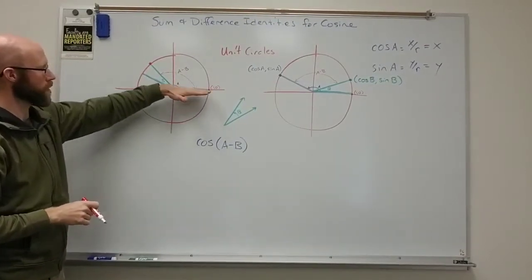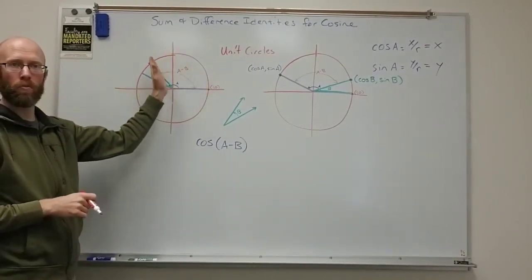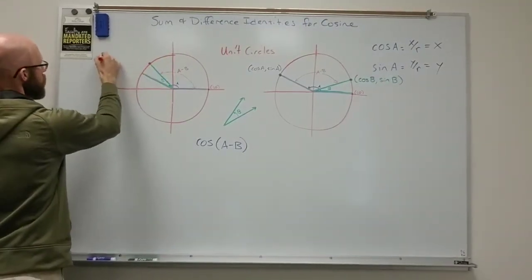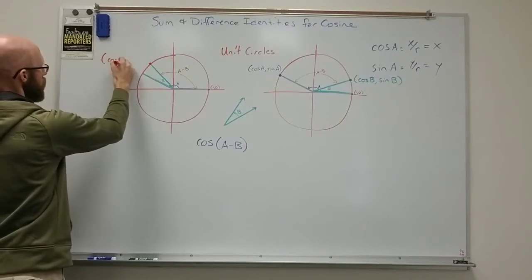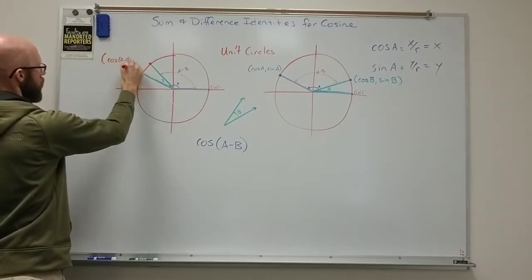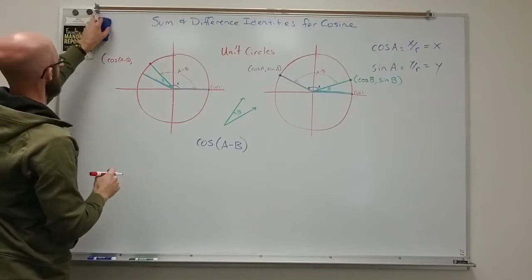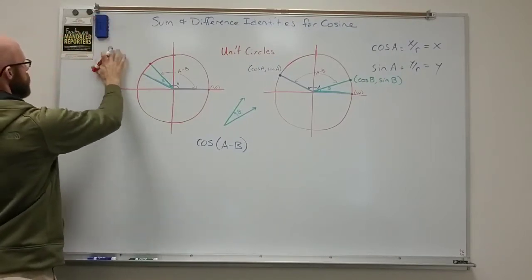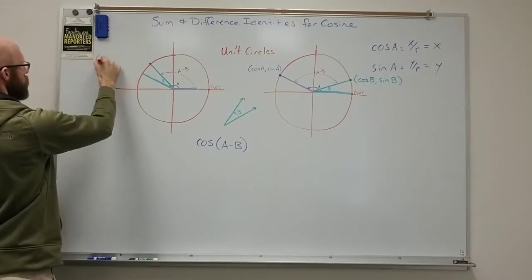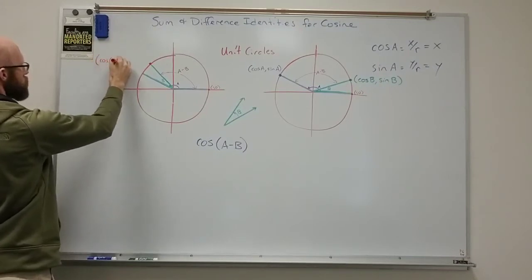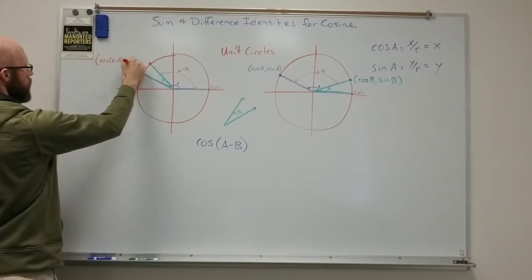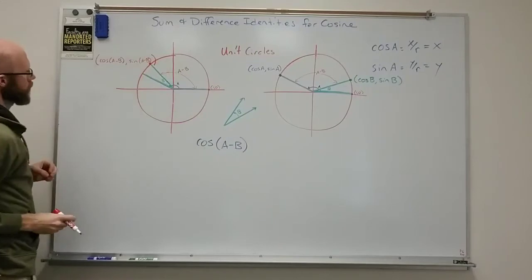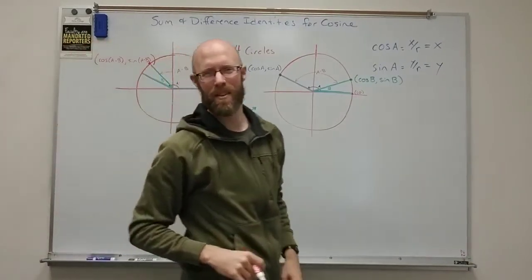And that point, now starting at the x-axis, the angle opens out to A minus B. So that point is the point cosine of A minus B, comma, sine of A minus B. Let me give myself some more space here. So it's the cosine of A minus B, comma, sine of A minus B. Okay, there it is. Good enough.